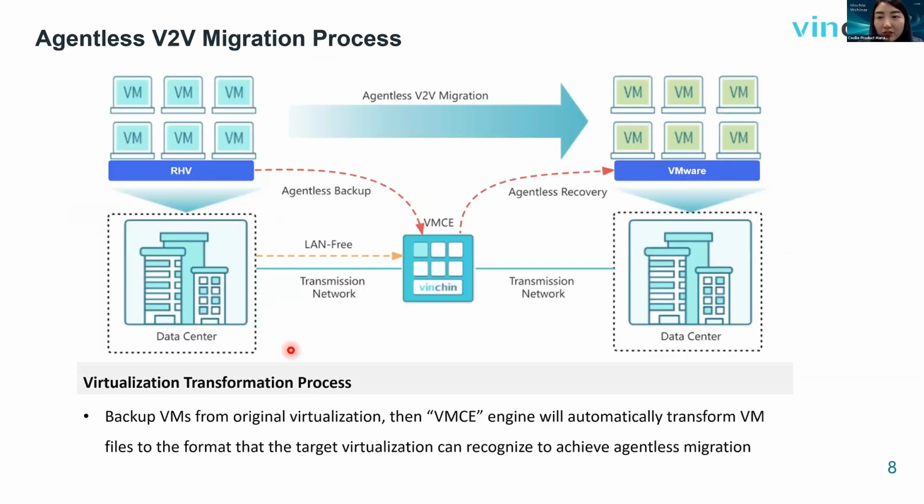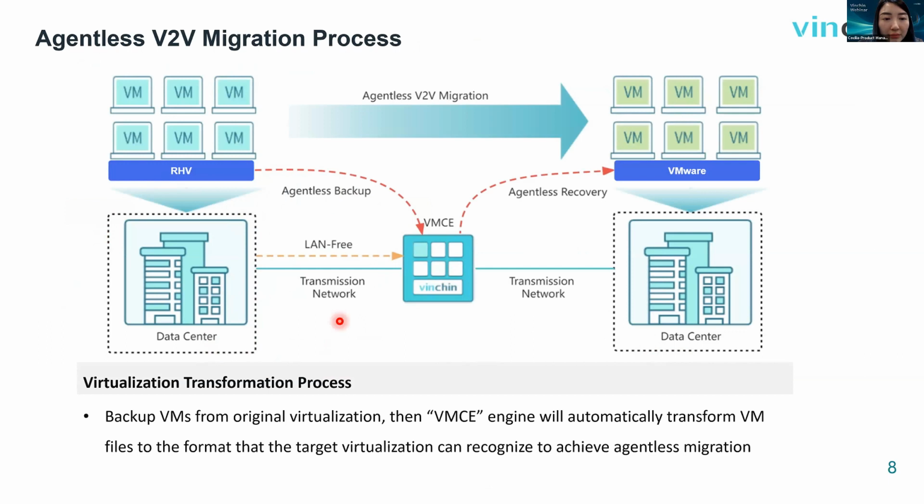And here is a picture that clearly shows you the process of our agentless V2V migration on Vinchin Backup and Recovery. You just need to create 2 jobs. The first one is to create a backup job, performing the agentless backup from the original virtualization. And you can transfer the data through LAN-free transmission.